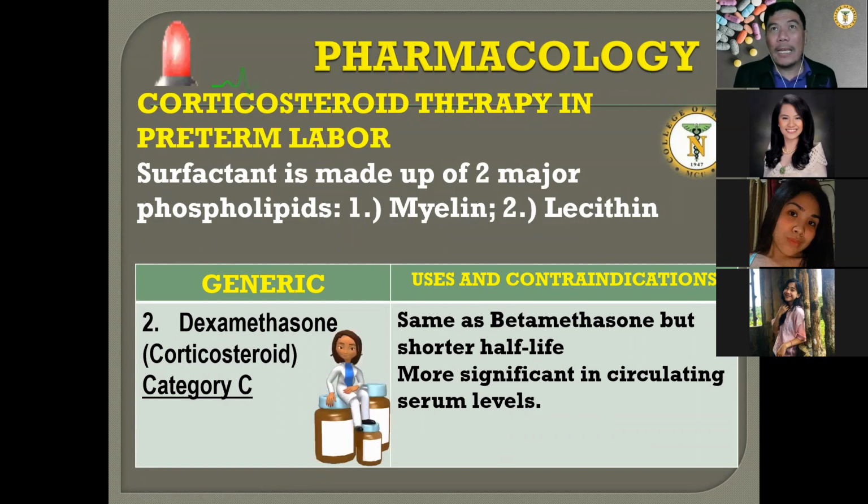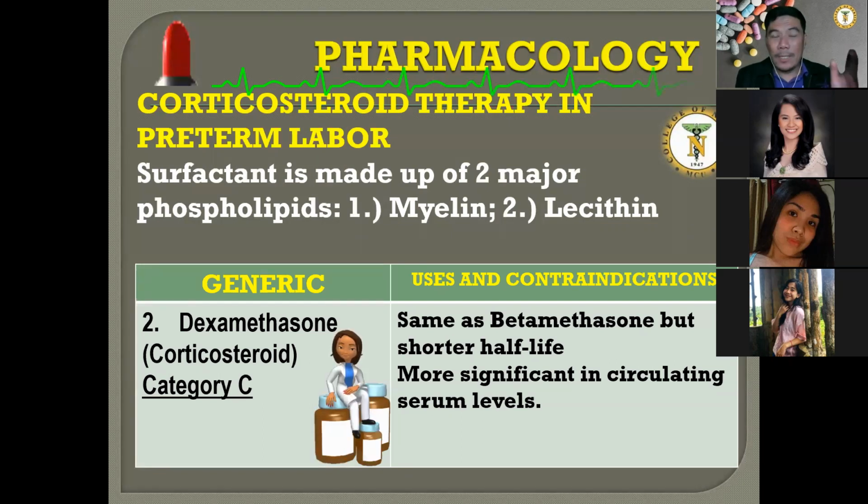Our concern with dexamethasone is that the effect of the corticosteroid is the same, but the problem is that it has a shorter half-life, which means the shorter its effect. So betamethasone must be the one administered over dexamethasone. But if there is no betamethasone, dexamethasone is the one that can be administered.